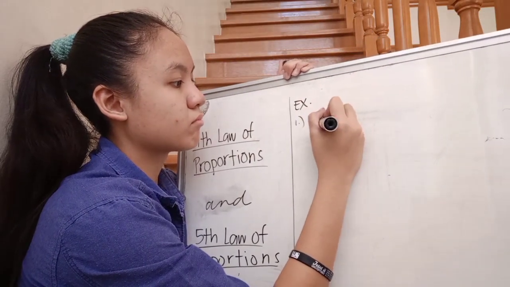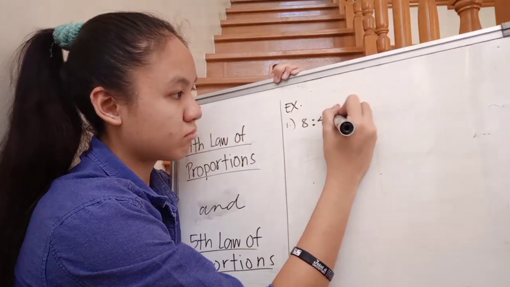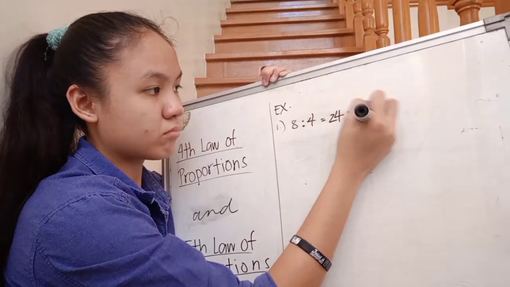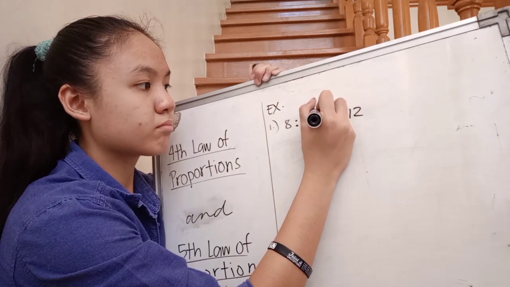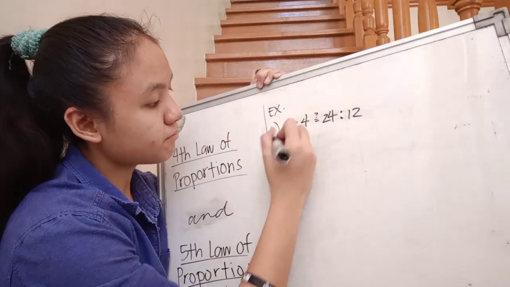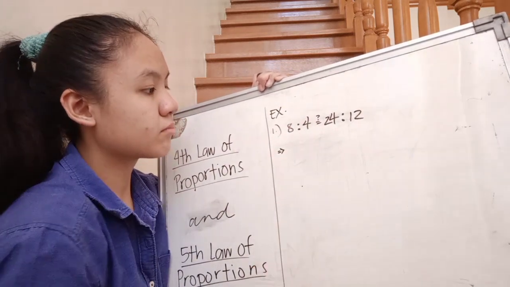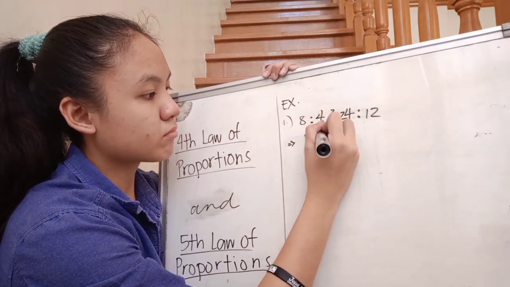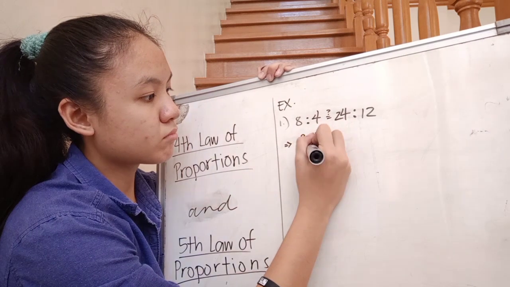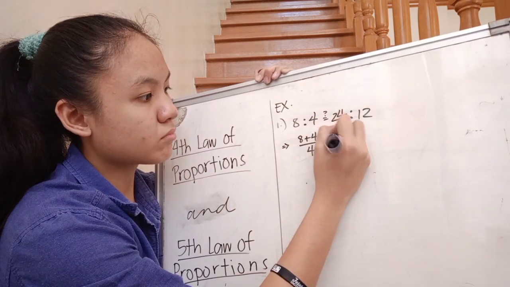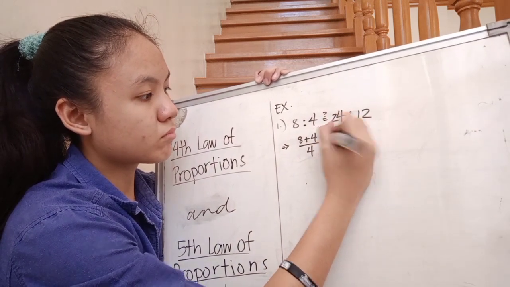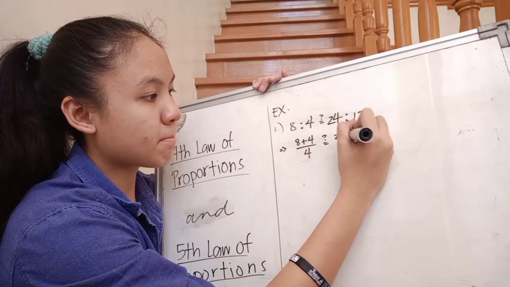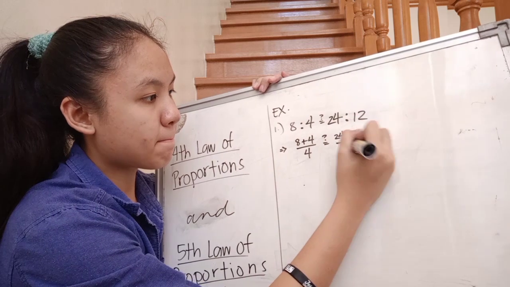In example, so our first example, 8 is to 4 is equal to 24 is to 12. We can again convert it into fraction, but in this case I chose to write it in the fourth law of proportions. So 8 plus 4 over 4 is equal to 24 plus 12 over 12.